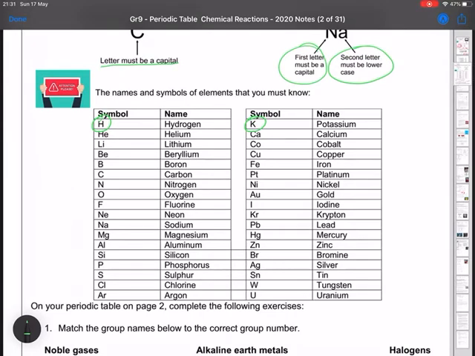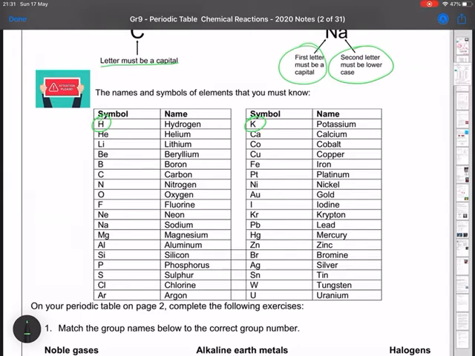If you have a look, some of the transition metals will have 3 letters. If we give you a question in a test to name a fictitious, magical, mystery new element that's discovered, give it a name with 3 letters or 2 or 1, but the first letter must be a capital.